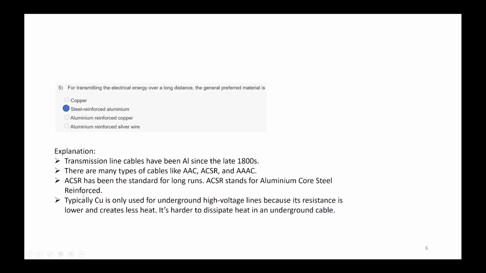So this is steel reinforced aluminium, and this one is used. Typically copper is only used for underground high voltage lines because its resistance is lower and it creates less heat, and it is harder to dissipate heat in an underground cable.